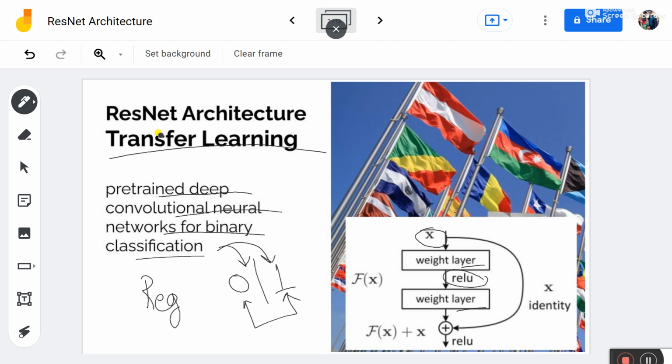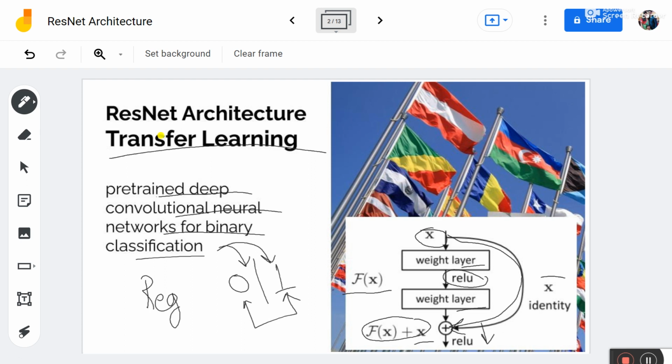But the concept we are going to discuss in the ResNet architecture is that it has this jump. You can see this jump adds the input value to the output of the function, and then moves toward the next layer.